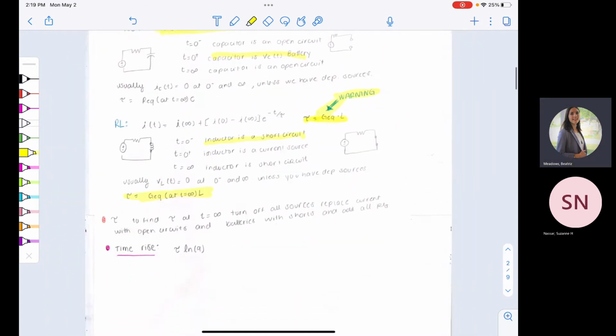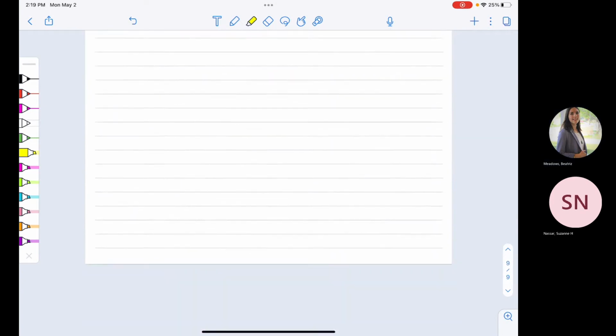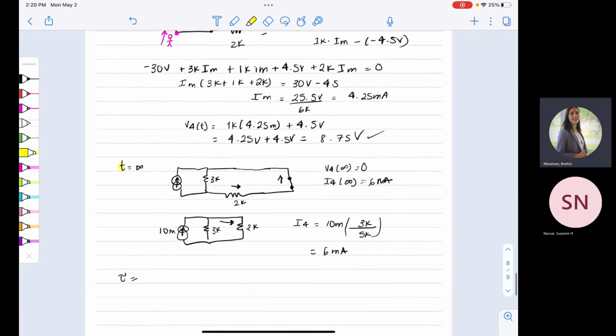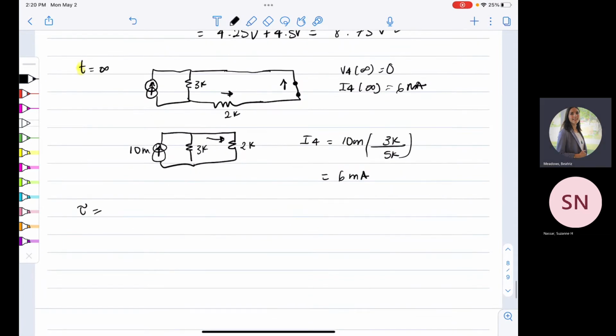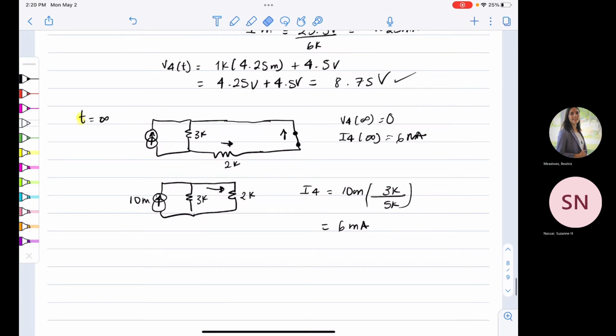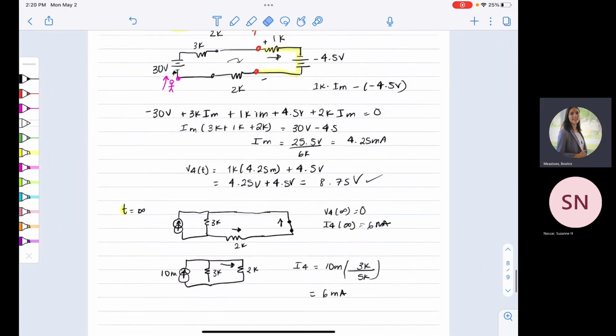Okay, so at t equals infinity, we have our network at t equals infinity. Would it be negative 6 milli? What would it be for the current? Then our original current direction downward?